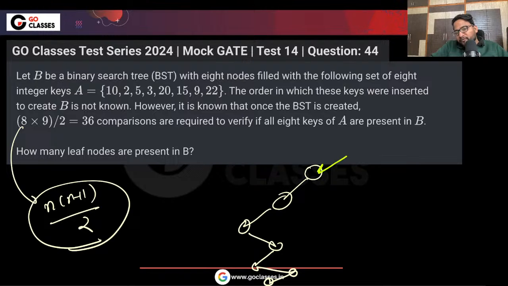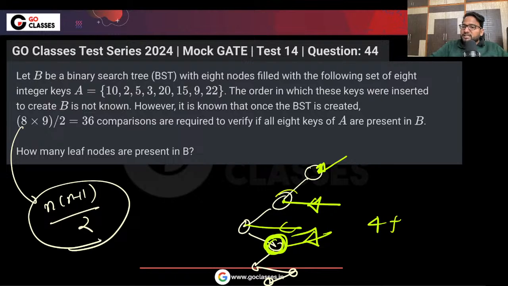Which means verifying for the root takes 1 comparison, for this 2 comparisons, for this 3 comparisons, right? Order might not be the same. You may verify first for this, which means first 4 comparisons, then maybe 2 comparisons, and like this. So basically this is the skewed tree, so there will be only one leaf.